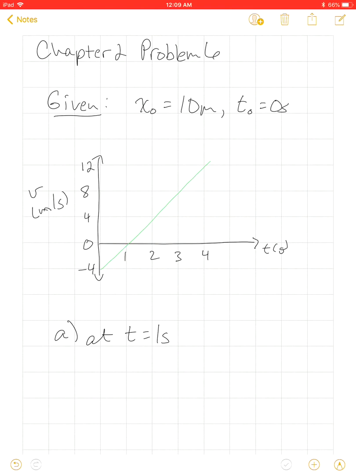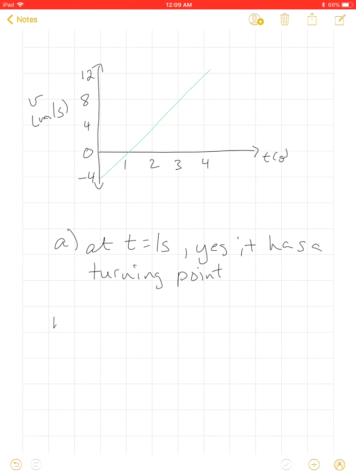Or if you want to think of it this way, it was initially going down and it's going to turn around and go up, okay? So that's yes, it has a turning point.